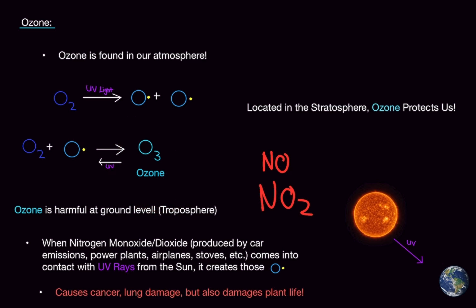The ozone that's being created at ground level, we breathe that in. And that's damaging. Our body cannot metabolize ozone correctly. And that's how it causes lung damage, cancers, and damages plant life. So that is why ozone is dangerous at ground level, but it's amazing for us in the stratosphere. So very important to know.